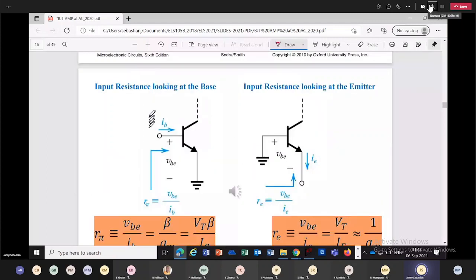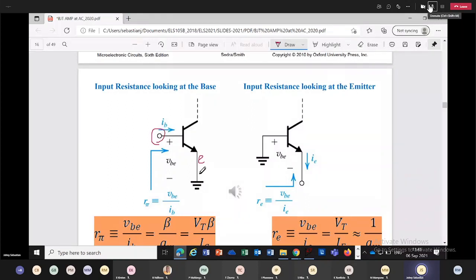A BJT has two input terminals, that is base and emitter. Signal is always connected between base and emitter.